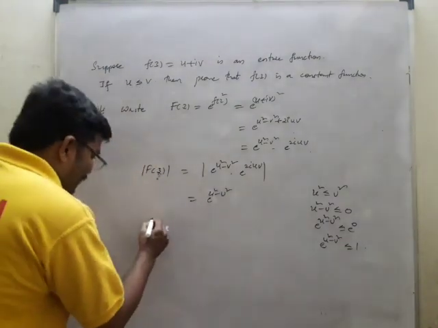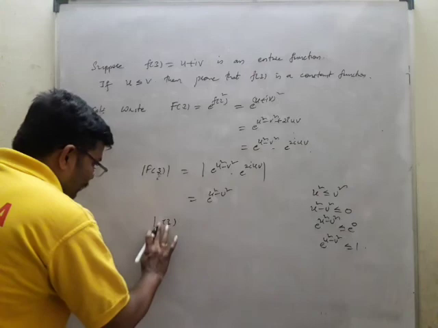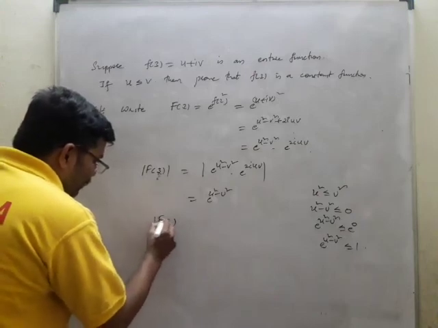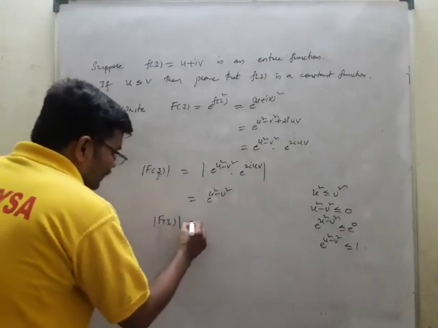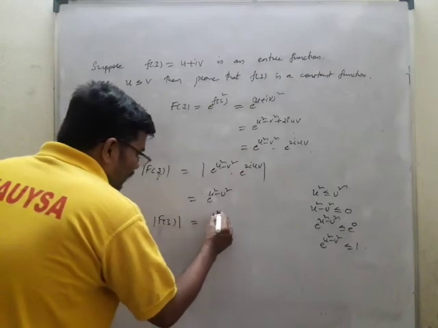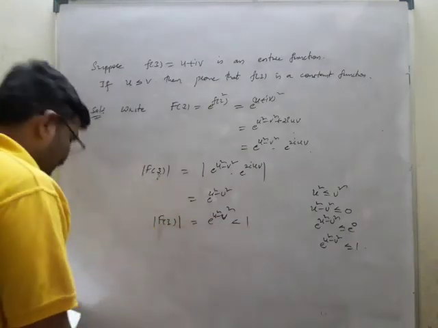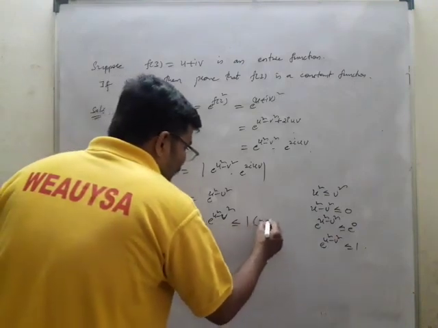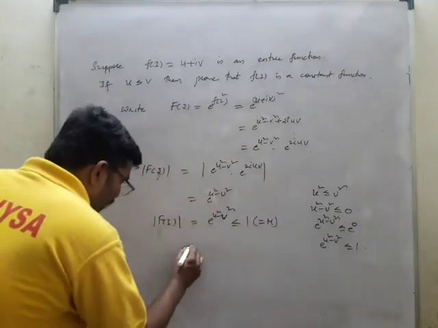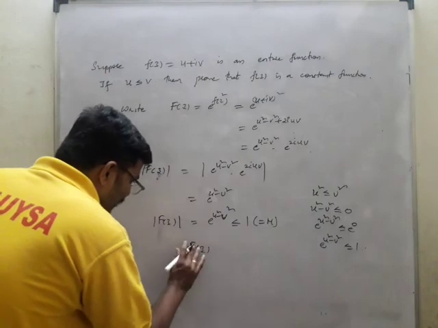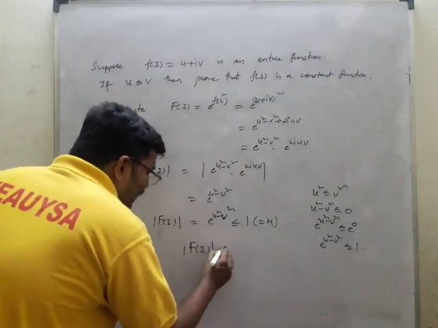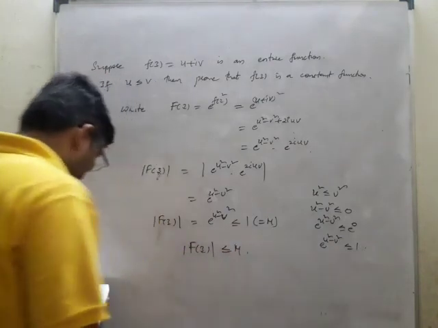So mod F of z is nothing but e power u square minus v square, which is less than or equal to 1. I may take this as M. So mod F of z is less than or equal to M, that is 1.